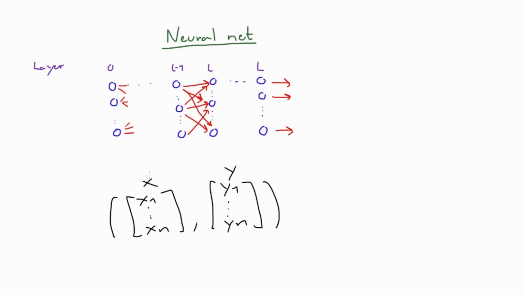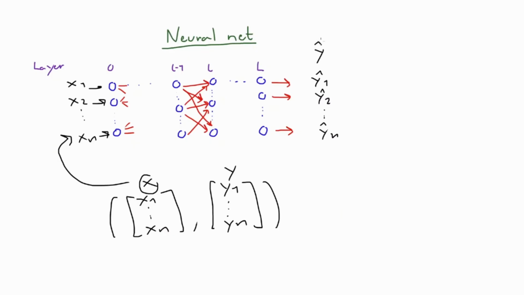So what happens here is we take x and we feed it into our neural net. So the x_1 entry, x_2 entry, all the way down to the x_n entry are fed into the input layer. The neural net then produces an output predictive vector, which has entries y_1 hat, y_2 hat, all the way to y_n hat. For compactness, we can refer to this as the y hat vector.